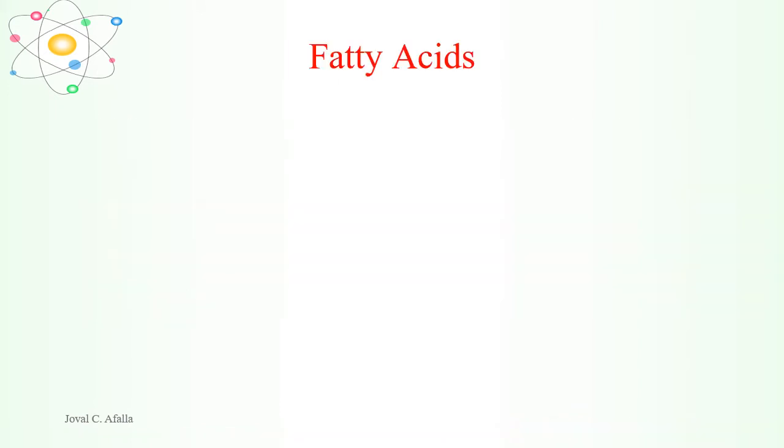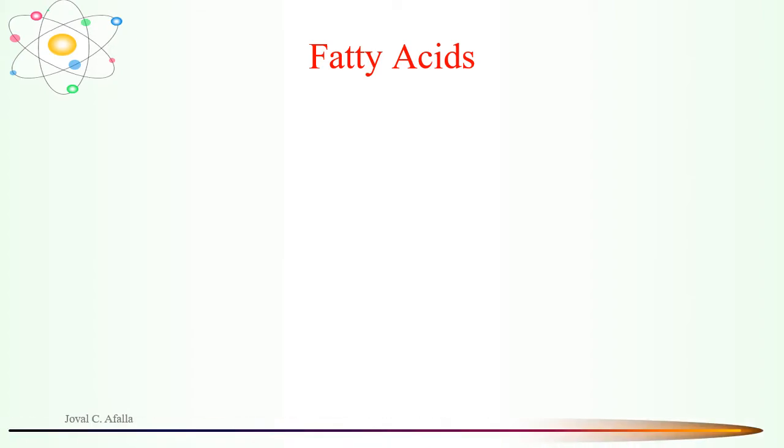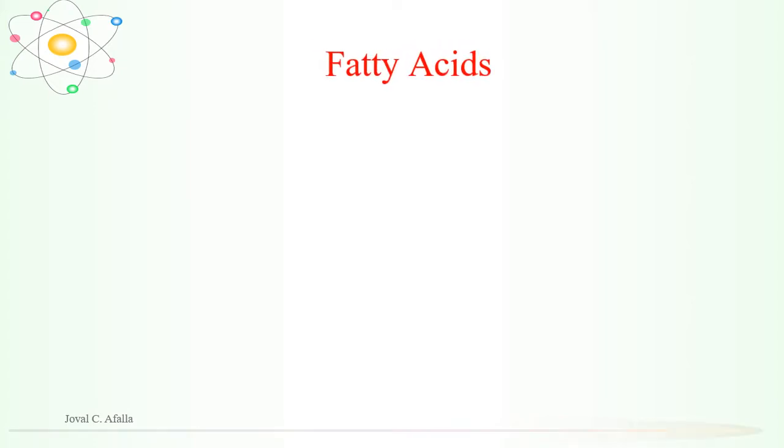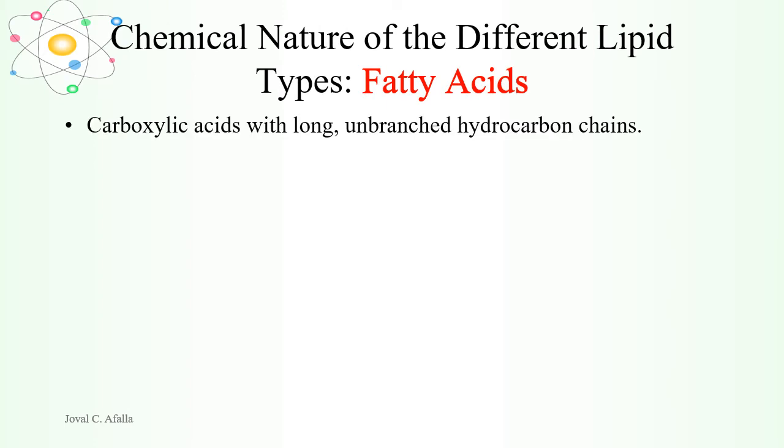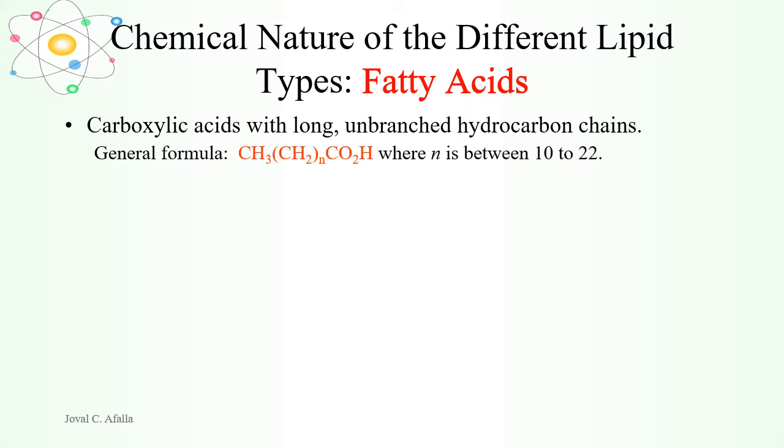Now let's look at fatty acids, one of the components of lipids. Fatty acids are simply carboxylic acids with long unbranched hydrocarbon chains. You've learned about this from your organic chemistry already.